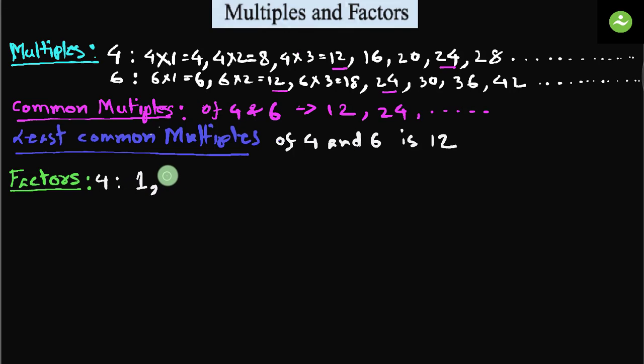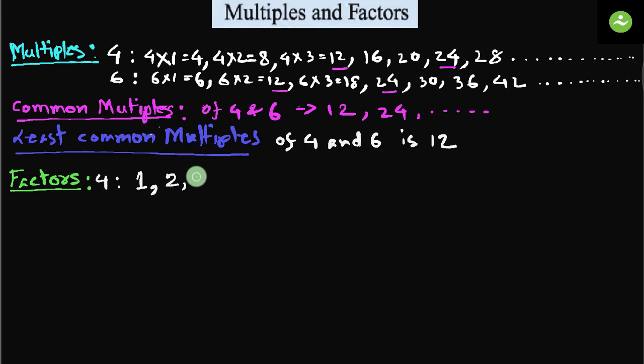Is 2 a factor of 4? Divide 4 by 2. If there is no remainder, then 2 is a factor of 4. Yes, 2 is a factor of 4. Is 3 a factor of 4? Divide 4 by 3. There is a remainder, so 3 is not a factor of 4. Is 4 a factor of 4?